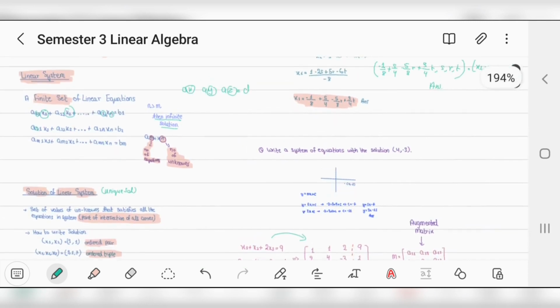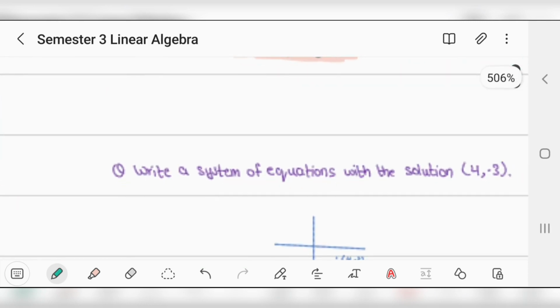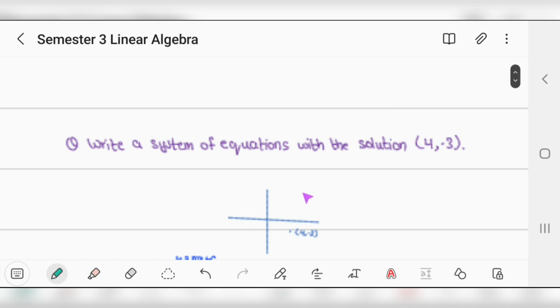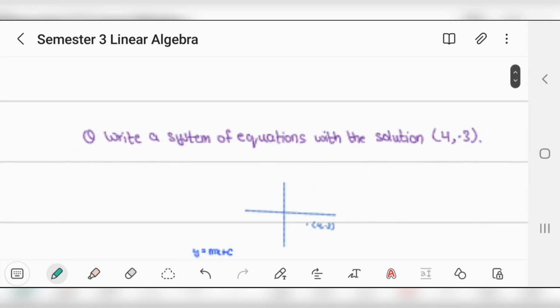Write a system of equations with a given solution. So it has a unique solution, and we have to make two equations where we could have this solution. It's easy. So this is x and y.